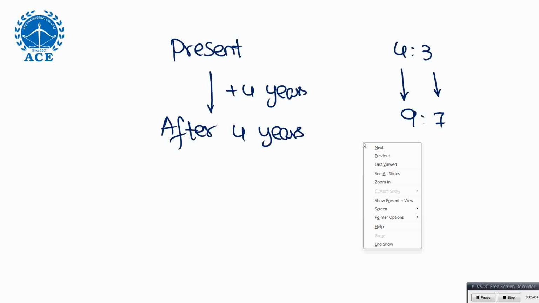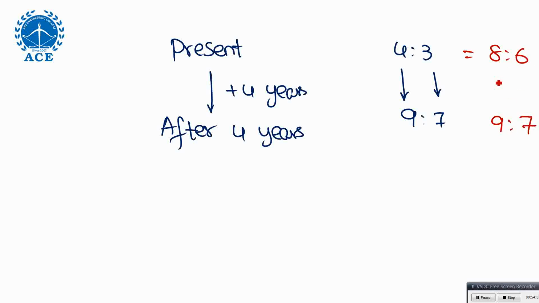Then I said you need to modify. Double the first one, what will happen to the ratio? Finished. So what's the increase here? 1. Both are increased by 1, which represents how many years? 4 years. Right?